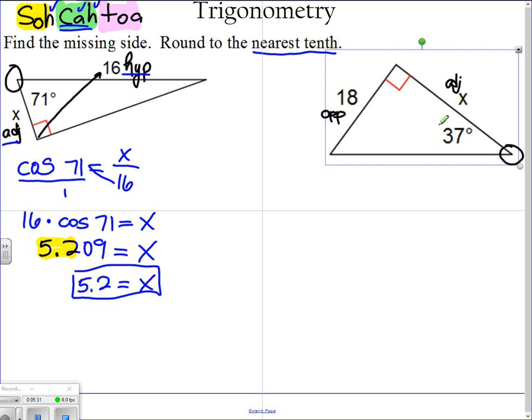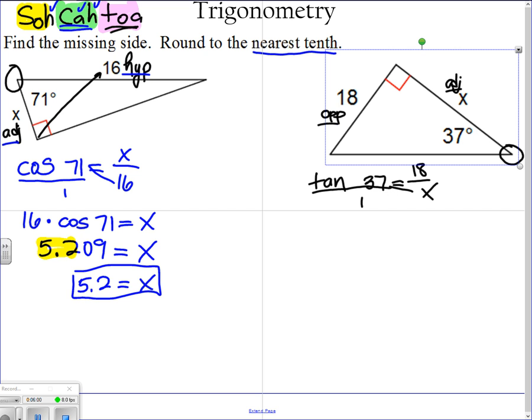So the SOH-CAH-TOA ratio that has opposite and adjacent is the tangent. I'm going to write the tangent of the angle, and the angle is 37. That's equal to the opposite, 18, over the adjacent. The adjacent will be x. Make that a proportion, make that a fraction.